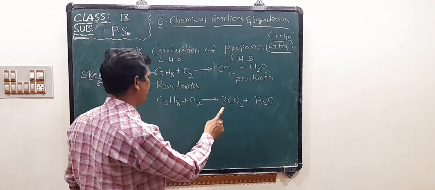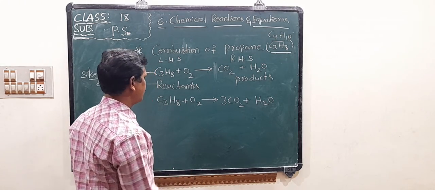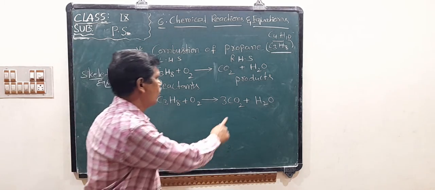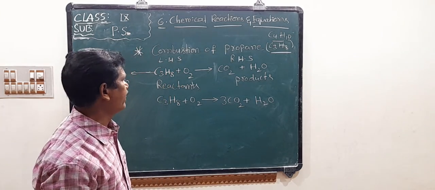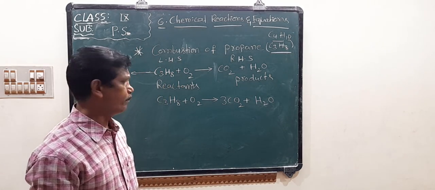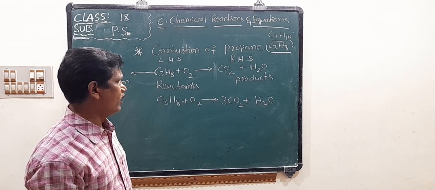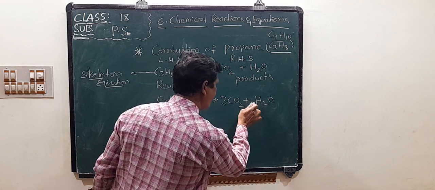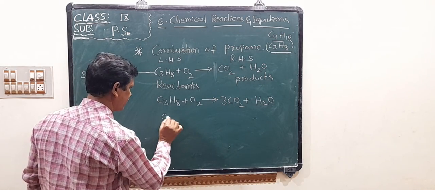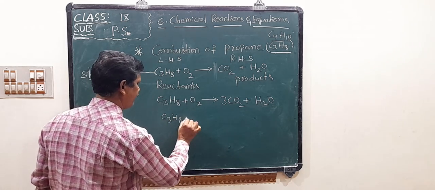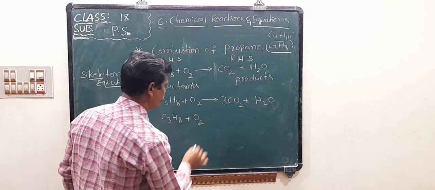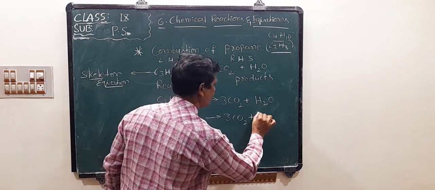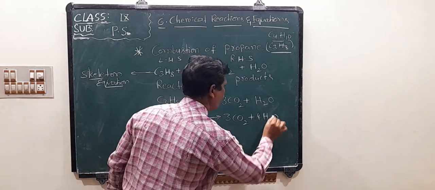Next, hydrogen. There are 8 hydrogen atoms on the reactant side, and only 2 on the product side. Now put the coefficient 4 before H2O. C3H8 plus O2 gives 3CO2 plus 4H2O.